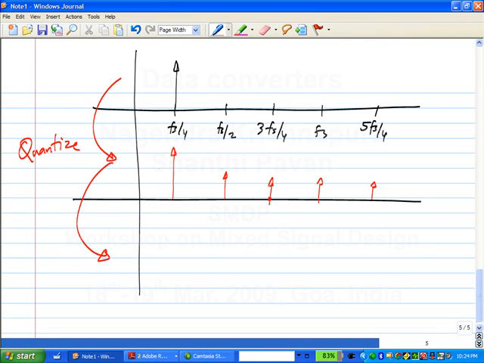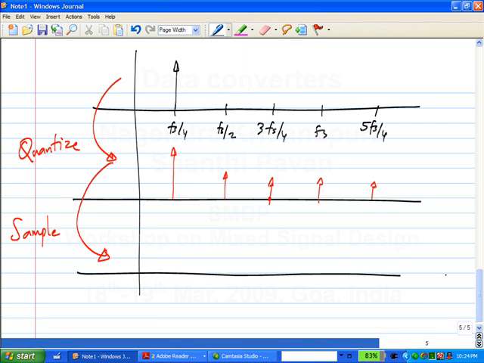And then I sample it. What will happen now? How many tones will we have? After sampling, there will be aliasing. Where will all these tones move to?